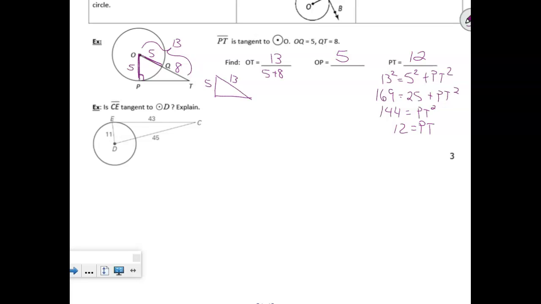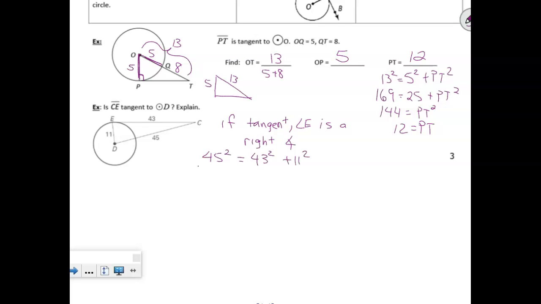The next example, we want to determine whether or not circle O or circle D has a tangent line CE. Well, we need to find out if this is in fact a right triangle. So we use the Pythagorean theorem. So if tangent, angle E is a right angle, so does 45, because it's the longest side, equal 43 squared plus 11 squared?